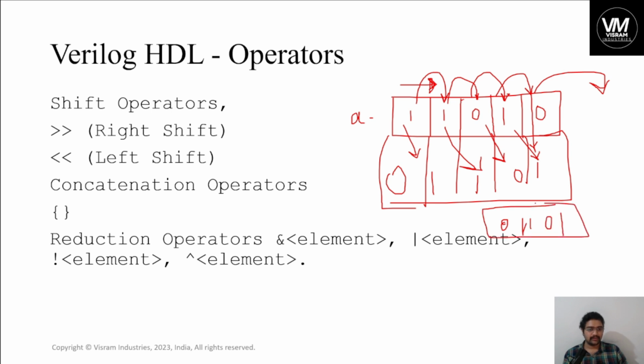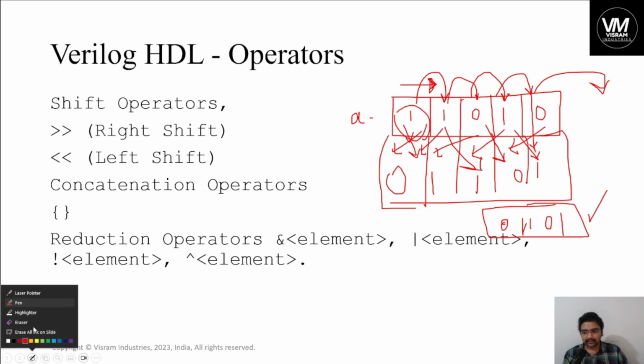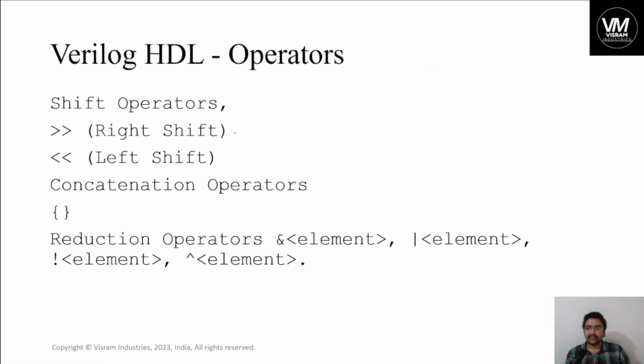So that is the new value. Hence the left shift looks like this. Each element will be left shifted to the neighboring bit, and whatever the ending MSB, most significant bit, will be removed, and in the beginning position a 0 will be added. So that is the use of right shift and left shift. Sometimes these are also used according to the sequential elements that you use in Verilog HDL or the architecture. Just understand, you have shift operators as well.